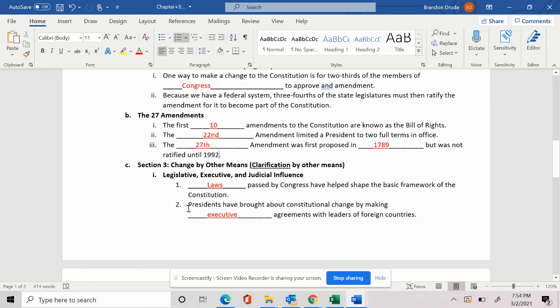And because of this, that is how people go, oh, the president's doing it. The president's okay. He's making agreements with other countries and he's doing all these cool and interesting things. It must be constitutional. But it's also things that the president has done that people disagree with. And they say, is that even constitutional? And that has happened. So the president, through his influence, has helped shape the Constitution.